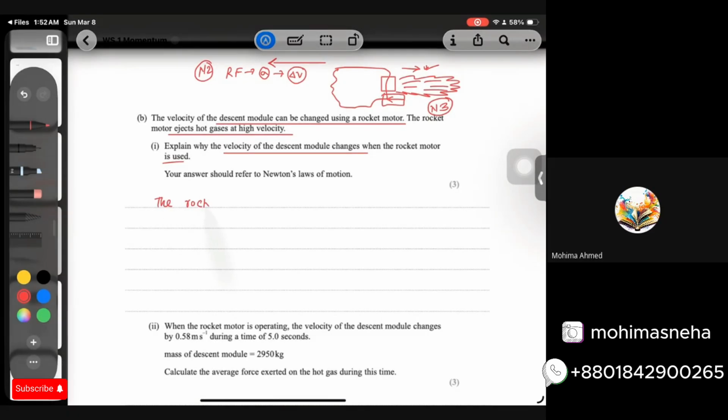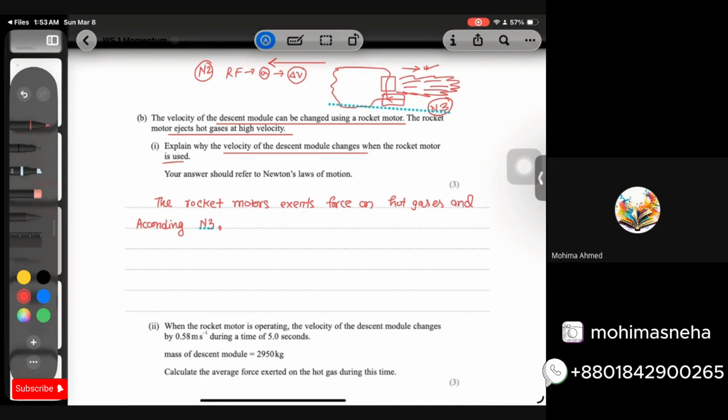The rocket motor exerts force on the hot gases, and according to Newton's third law, I'm just going to write in short, N3.